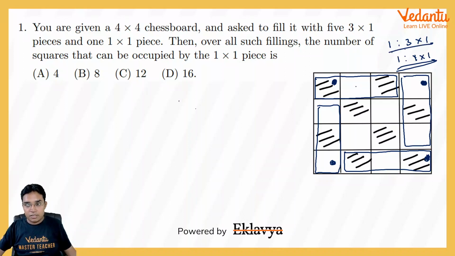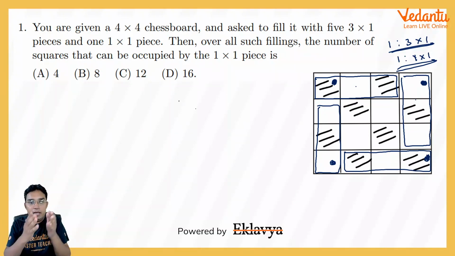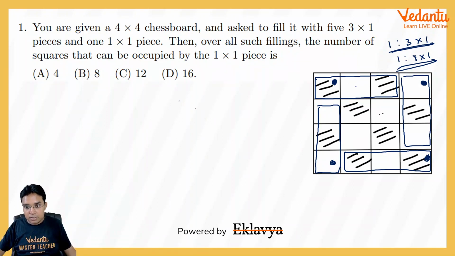But the 3 into 1 piece has a length of 3 in one direction and length 1 on the perpendicular side. Then this 3 into 1 piece cannot cover these three boxes, because if you fill this way, it is going to cover this box also, and then we will have only the 1 into 1 piece which can either cover this or this, and I will have one box uncovered.